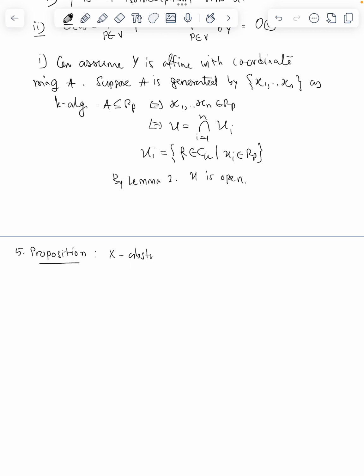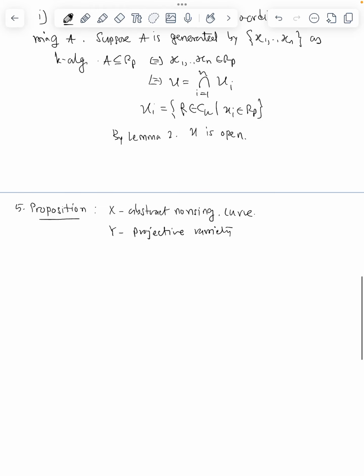I can write it as a proposition. If X is an abstract non-singular curve, and Y is any projective curve or more general variety, then any map from X minus P to Y, where map means morphism, can be extended uniquely to a morphism from X to Y. This basically gives that in our case, because we are talking about abstract non-singular curve with cofinite topology, Ck with cofinite topology, if you define something on an open set, you can extend it to the whole set.